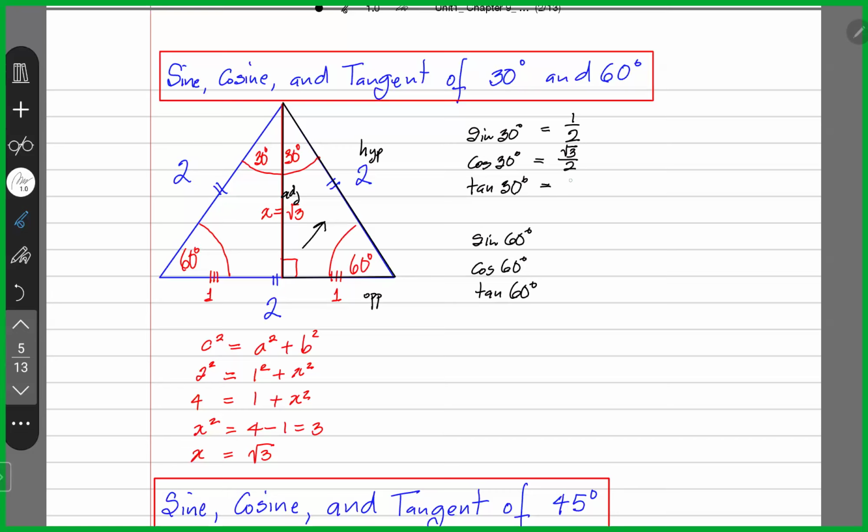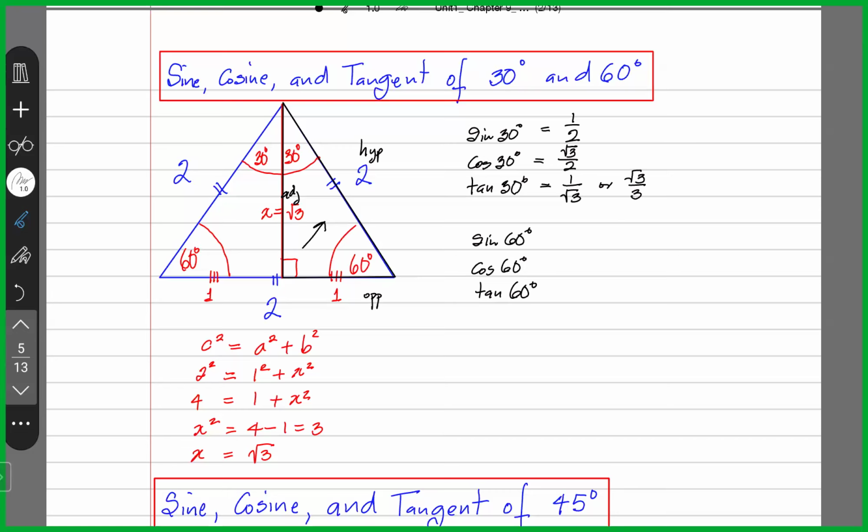So that would be opposite 1. The side opposite to 30 degrees is 1. And the adjacent side is root 3. So it's 1 over root 3 or root 3 over 3. If you rationalize it, you'll get root 3 over 3.